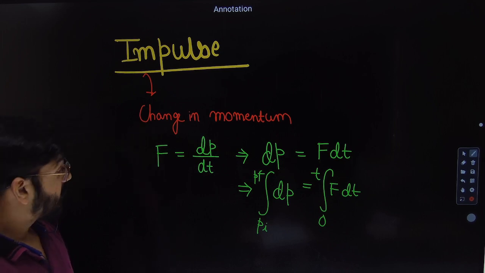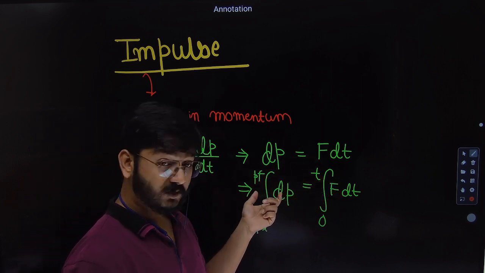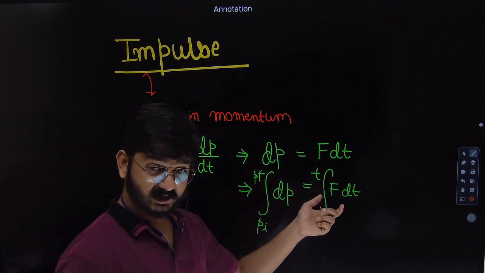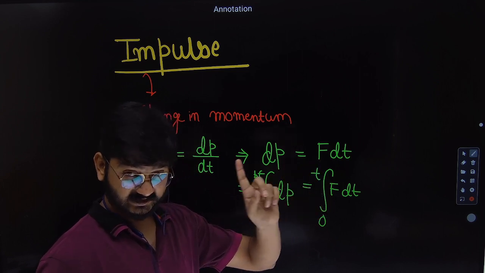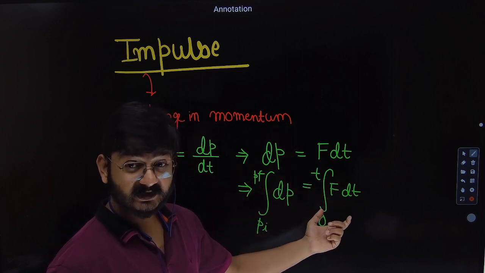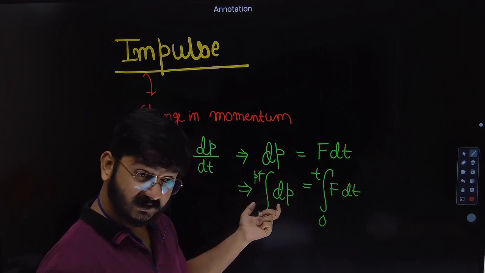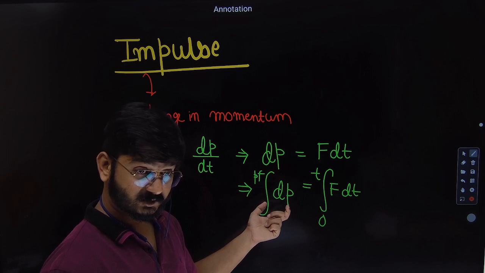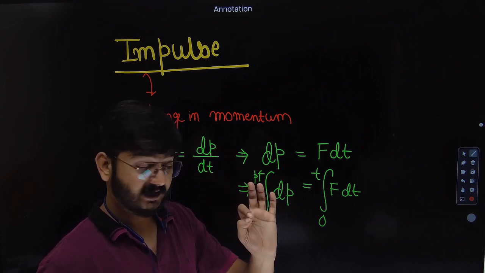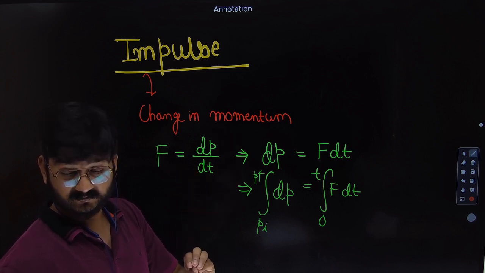So if you want to find total change in momentum, you integrate. So two methods are there. First method, integration of F dt is basically impulse. And integration of F dt gives total change in momentum. So for impulse, you remember only one line, that impulse is same as change in the momentum.